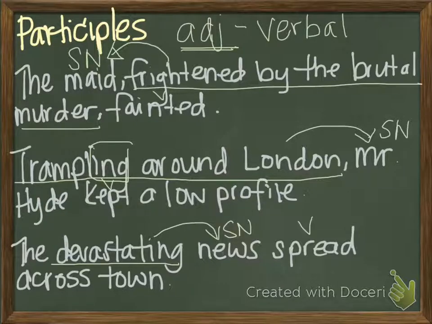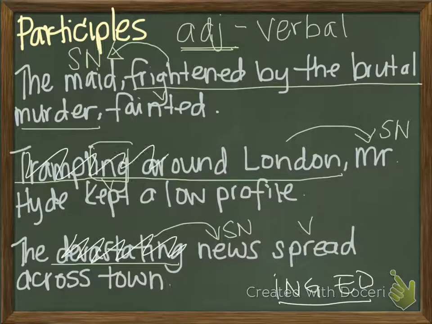It doesn't necessarily need to be an entire phrase to make it a participle. Here we just have one word that's describing news. And just remember about participles that they always end in ing or ed, and the trick for these is that you can take them out of the sentence and you will still maintain the meaning of the sentence.